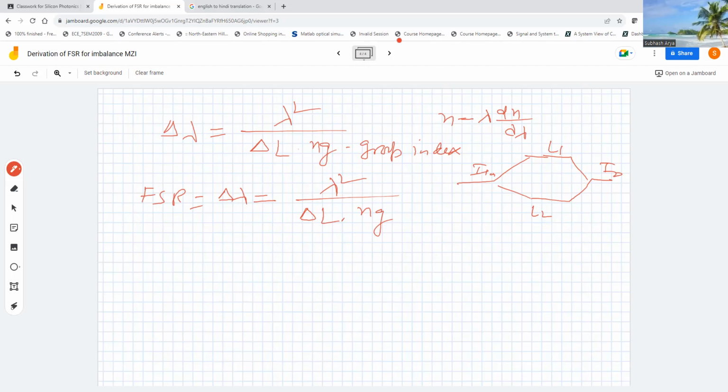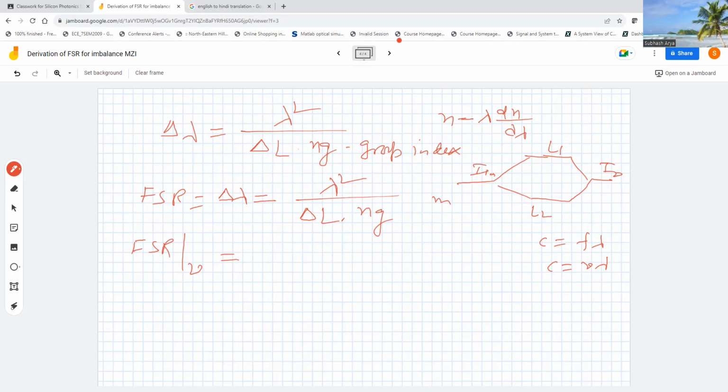This is in meter units. If we want to express FSR in terms of frequency, just replace c is equal to f lambda, or c is equal to nu lambda. From here we can find the expression of FSR in terms of frequency.